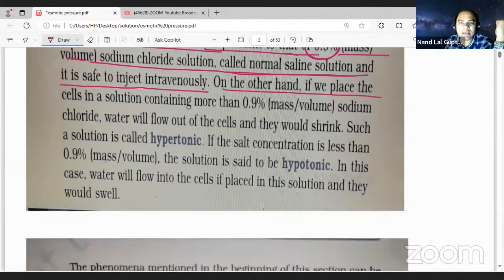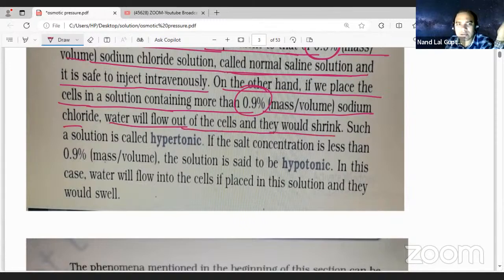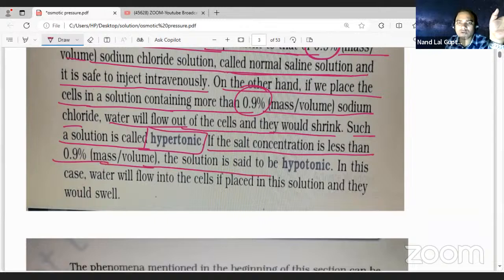Now see another point. If we place the cell in a solution containing more than 0.9 percent mass by volume sodium chloride, water will flow out of the cell and they would shrink. Such a solution is called a hypertonic solution. Hypertonic means more concentrated. If the salt concentration is less than 0.9 mass by volume, the solution is said to be hypotonic, less concentrated.